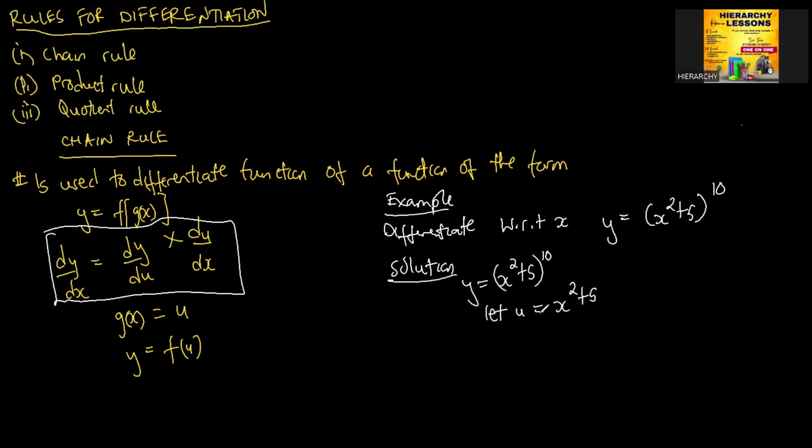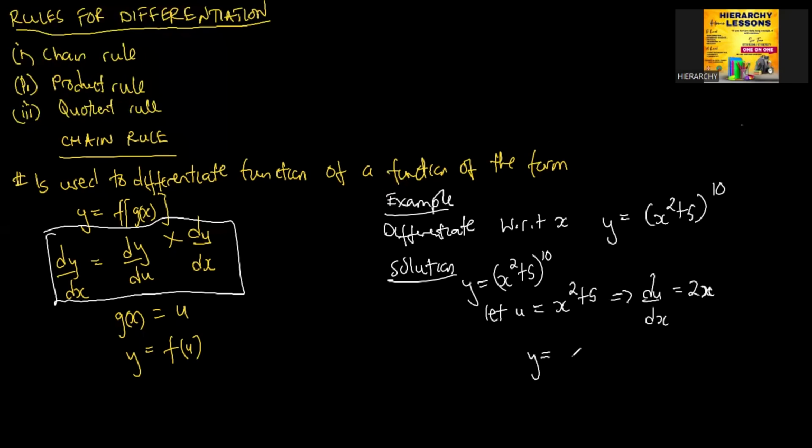We have a function in u and x, so we find du/dx. The derivative of x squared plus 5: x squared becomes 2x, and the derivative of a constant is 0, so du/dx is equal to 2x.